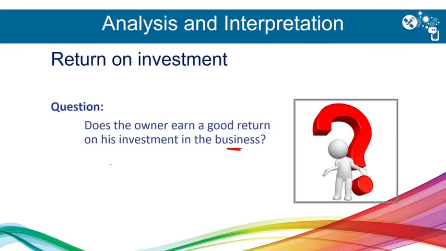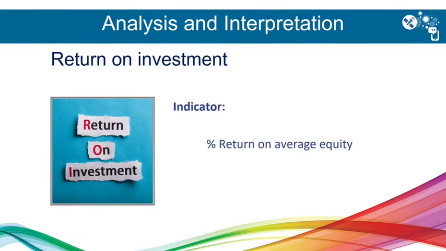Remember, the other alternative is for the owner to invest his money in the bank, just to put his money in a fixed deposit and earn interest on that. And the indicator we're looking at is percentage return on average equity.